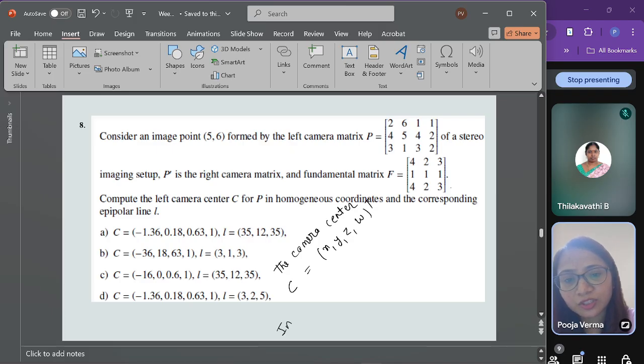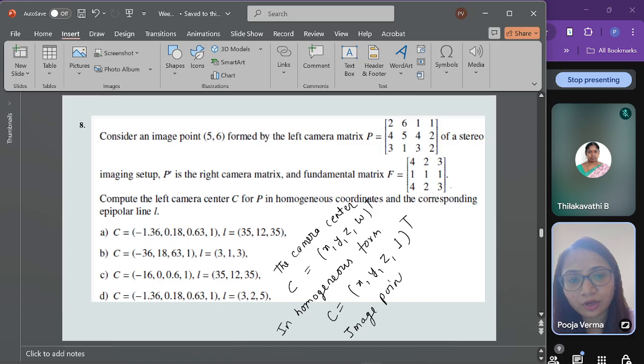In homogeneous form, we can write C equal to X, Y, Z, 1 transpose. And the image point given is 5, 6.